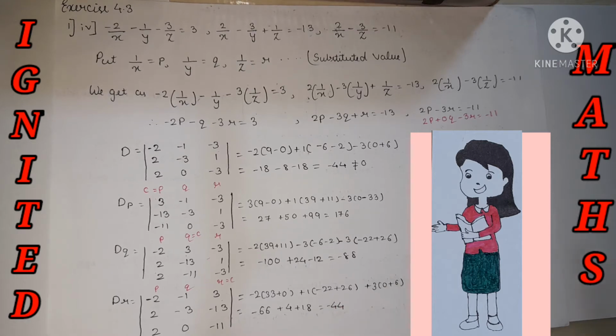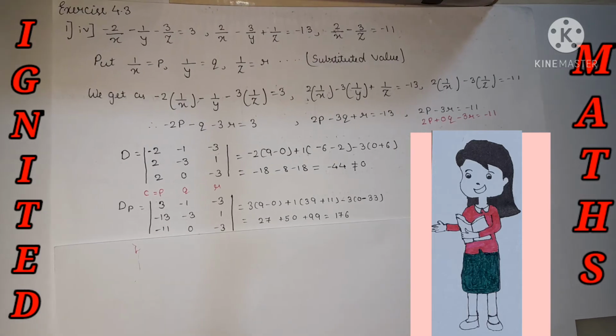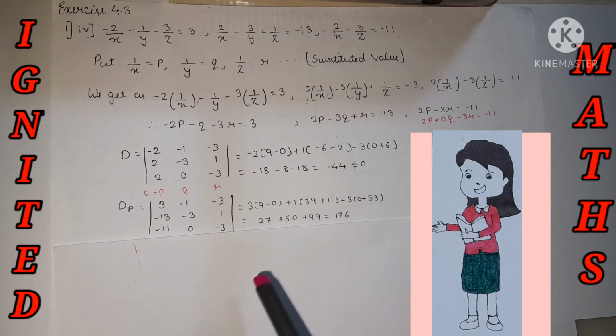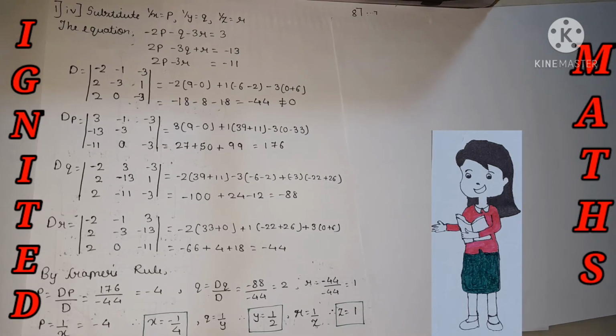We will be getting the answer as minus 44. For the dp value, there is no restriction that dp should be not equal to 0. Whatever may be the answer will be accepted, but the d value should be not equal to 0. For what purpose? So that we will be getting the solution with the d value, dp, dq and dr.